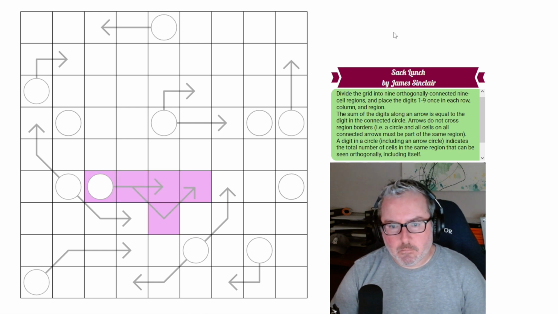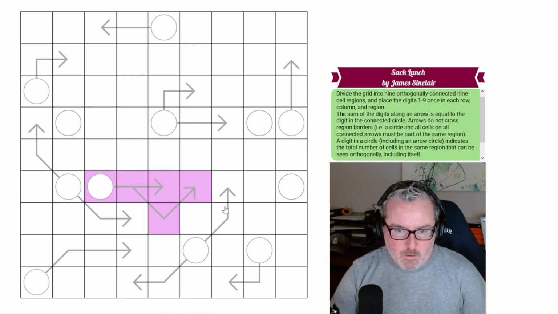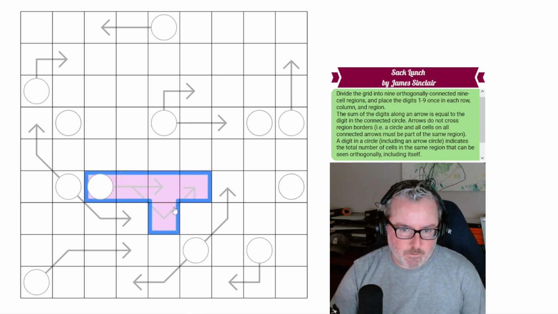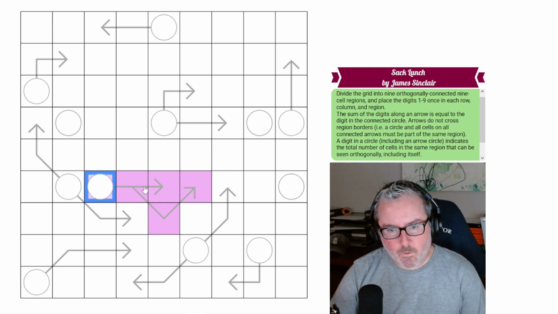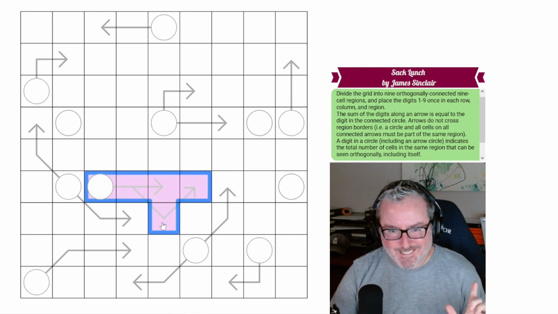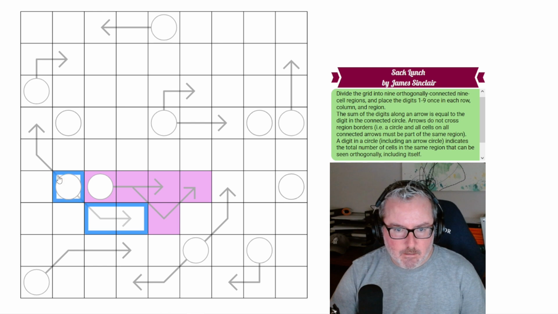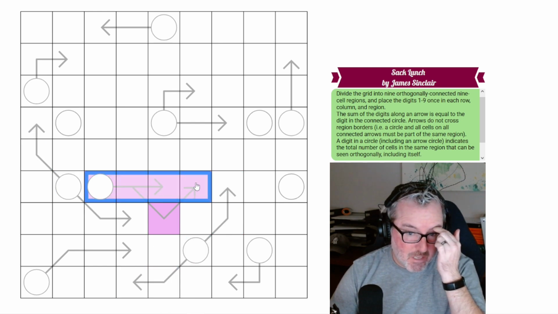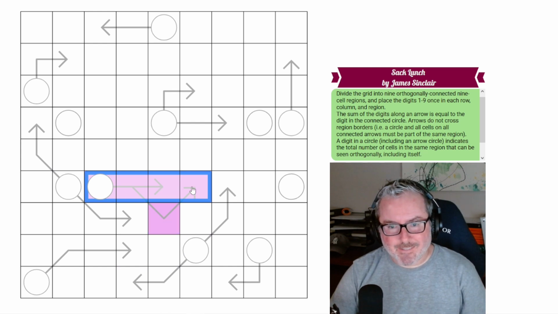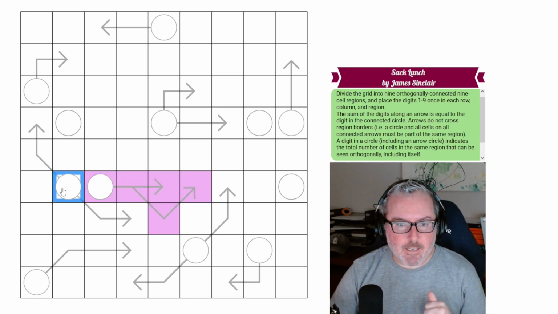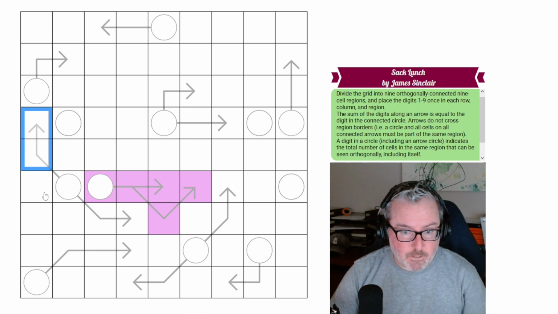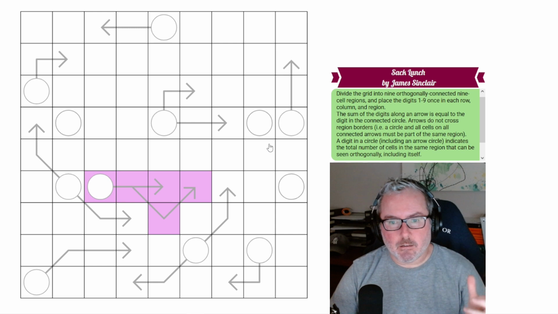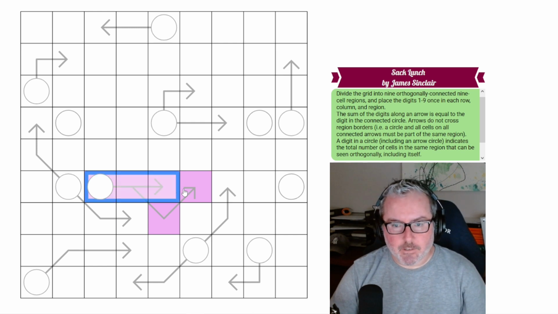So how do we go about filling out this entire region? Or better way to put it is, can any of these other groupings of arrows be part of this region? Because if they cannot, we can say that they are in a different region, and therefore we can start to continue to break out this puzzle so that we can figure out what is what.